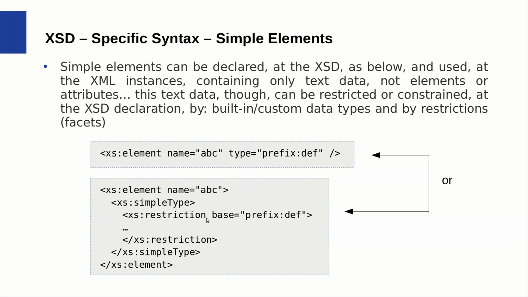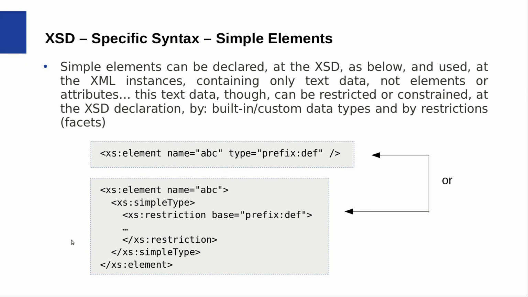And at the restriction element, I use the attribute base for setting the type similar to what we've done at the first simpler example, with a prefix, colon, the name of the type. It also can be a base type from the xs default prefix from W3C, or it can be a derived type from any other namespace associated to a custom prefix, as with the first example above.